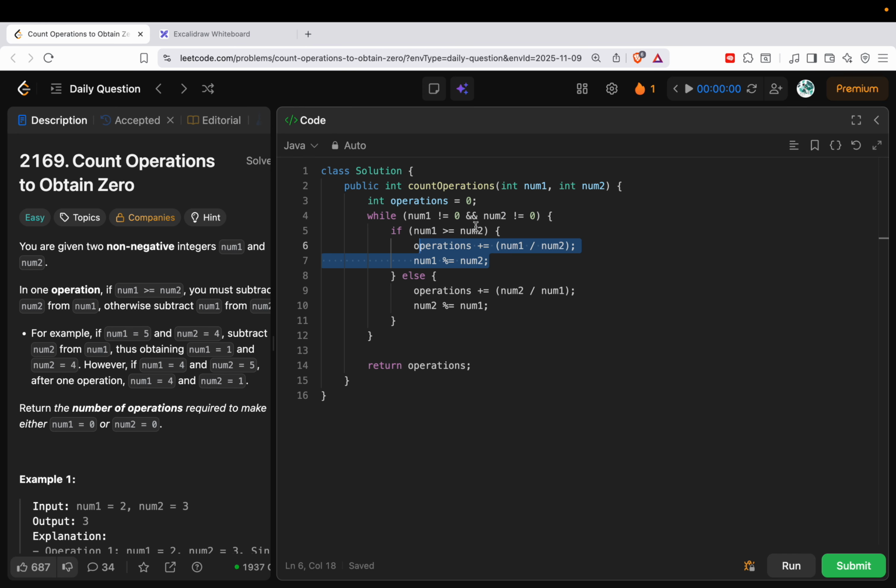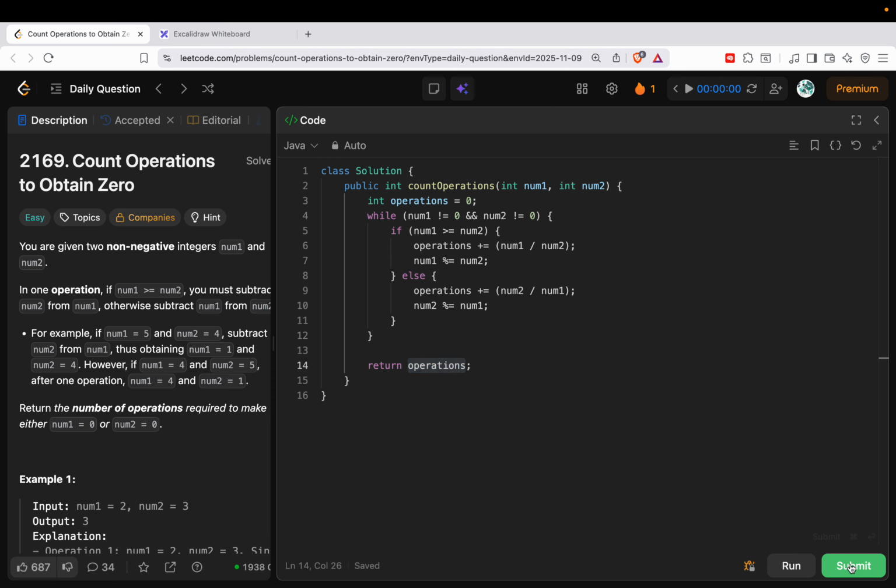If num1 is less than num2, I perform the same and the final state of num2 will be num2 modulo num1. Once either of them becomes 0, the loop breaks and I come out of it, and operations will contain the total number of operations required.